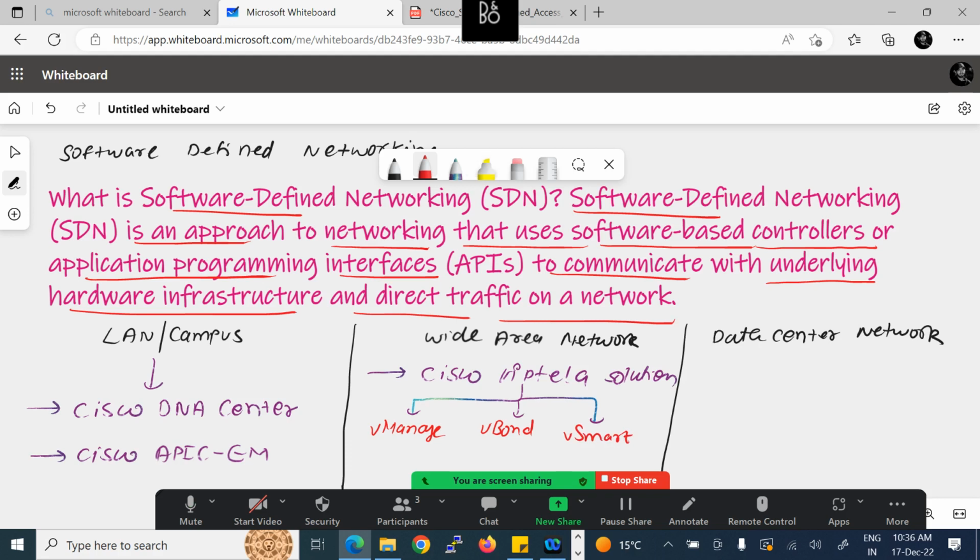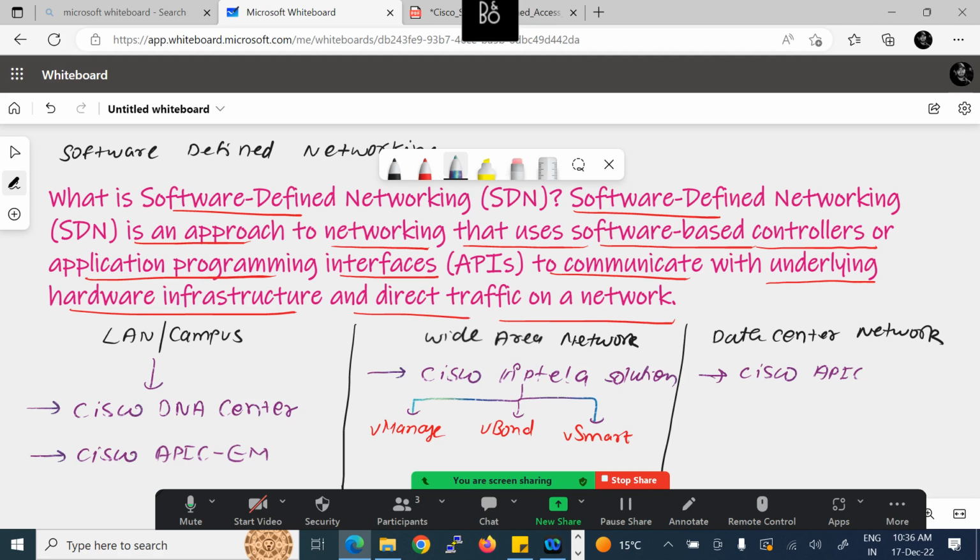All right. And in data center networks, we have Cisco Epic. So Cisco is having different controllers for different types of network.